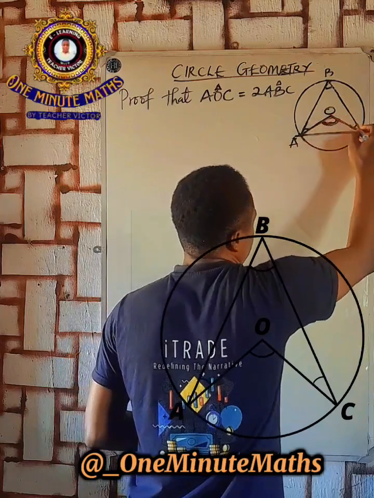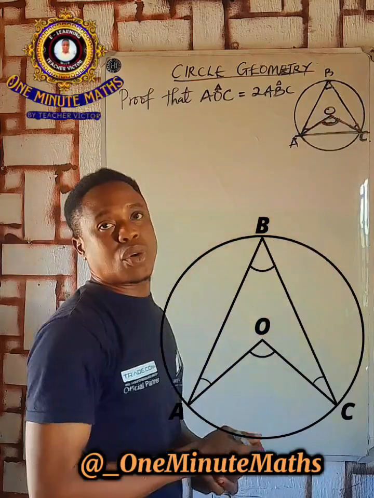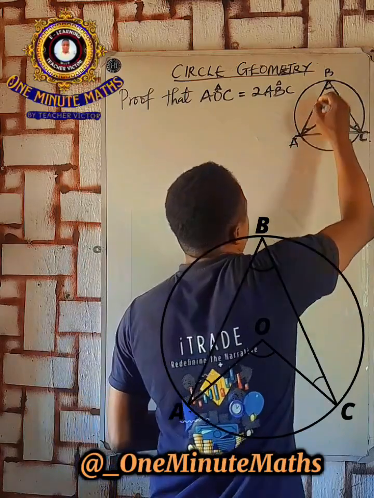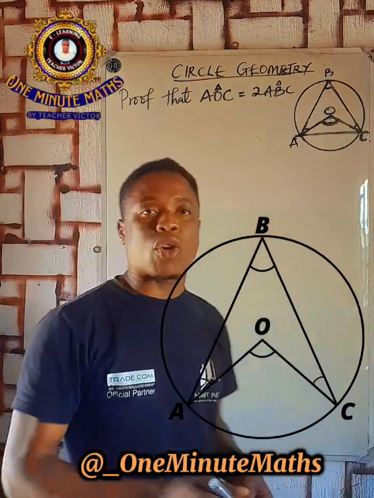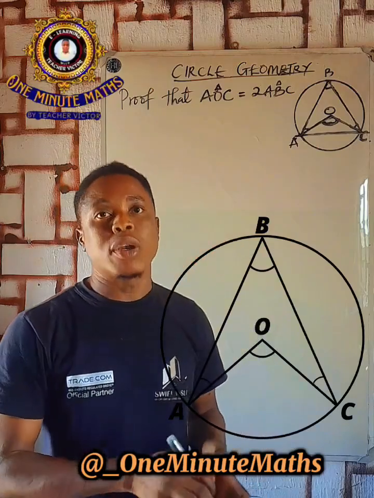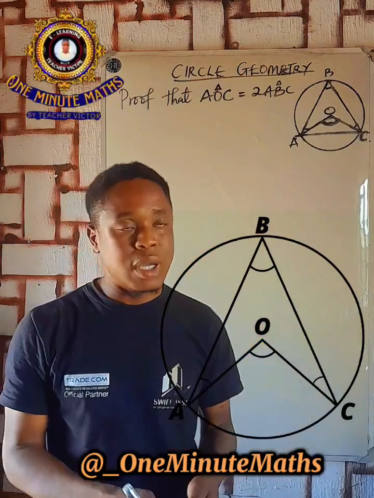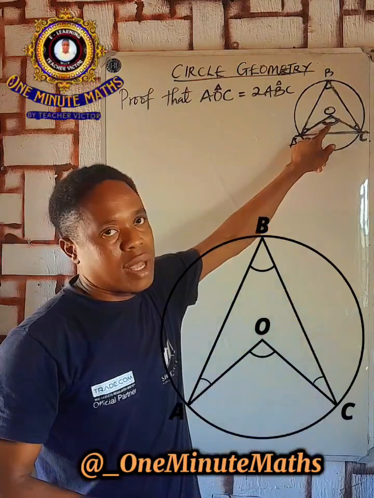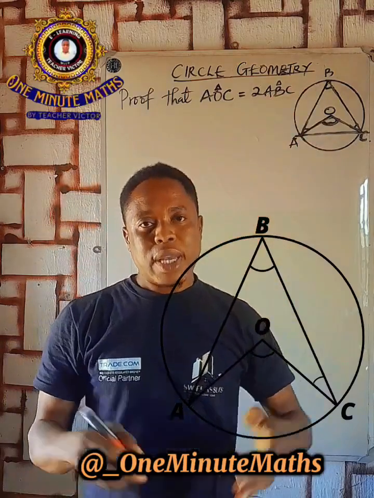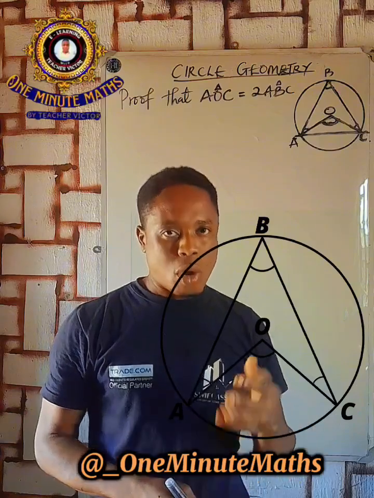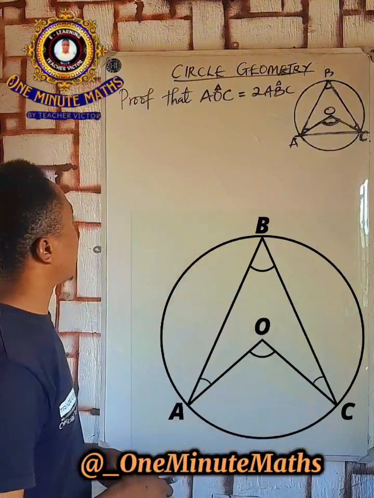This angle at the center here is resting on this chord, and the one at the circumference is also on it. So because they share a common segment, or they are sitting on the same chord, the angle at the center is times 2 the one at the circumference. Let us see how we prove this. Come with me as we prove together.